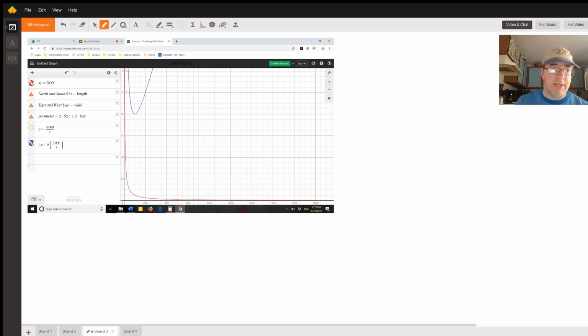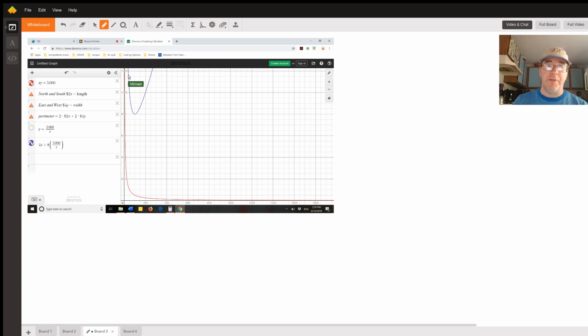My purpose for doing that is to create this graph. Now, if I know the width, I divide 5,000 by that number and I'll have the length. Therefore, this function is in terms of the width. So I can find the cost of all of the fences here.